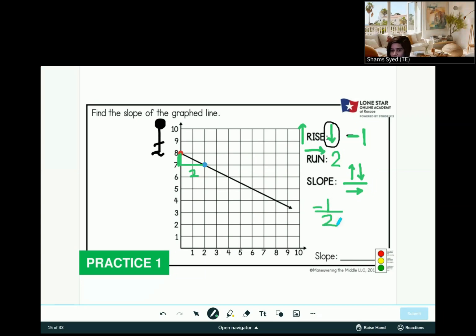The slope is -1/2. Mia also says we can say it is -0.5. Are there questions? No matter what points you choose, the slope is going to be -1/2 or -0.5.